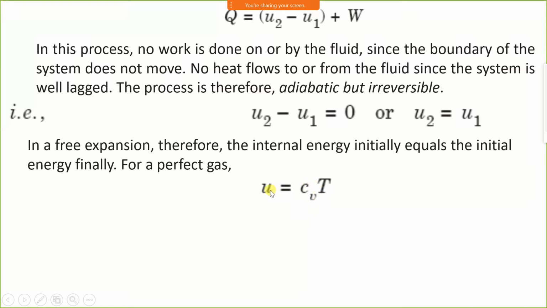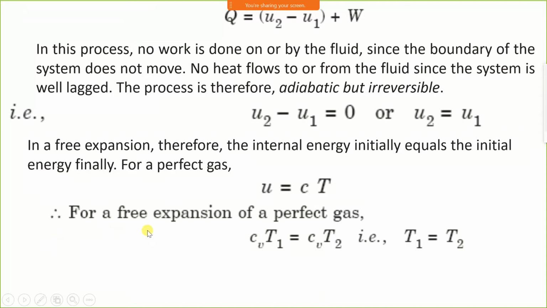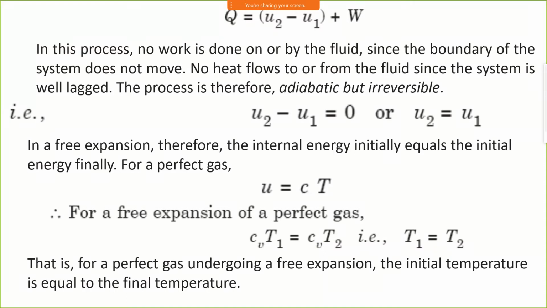Therefore, U is equal to Cv into T, considering 1 kg of mass. For the free expansion of the perfect gas, Cv T1 is equal to Cv T2. If we cancel the Cv, it will be T1 equal to T2. Meaning during free expansion, temperature remains constant. That is, for the perfect gas undergoing a free expansion, the initial temperature is equal to the final temperature.